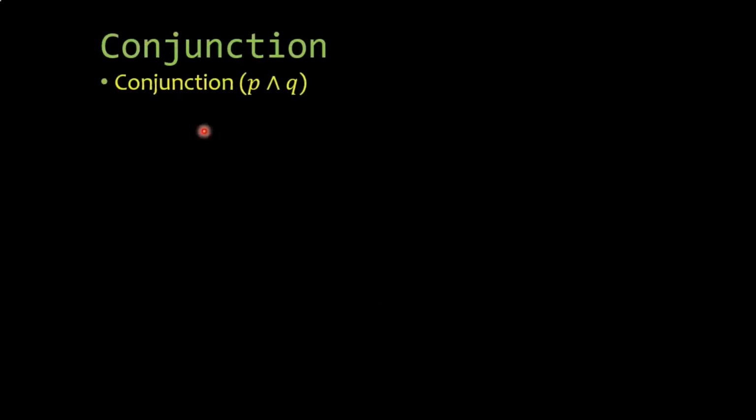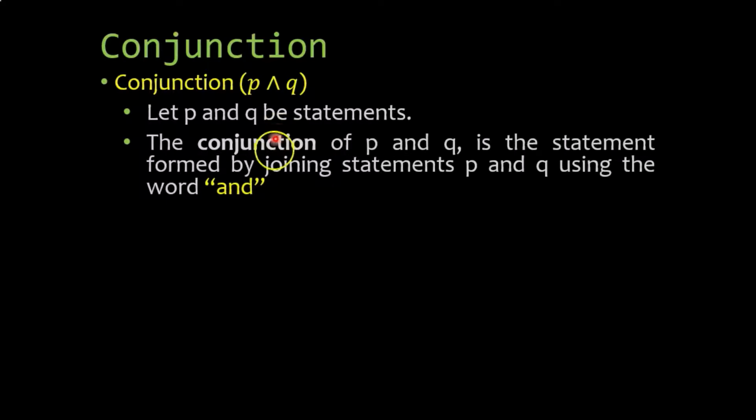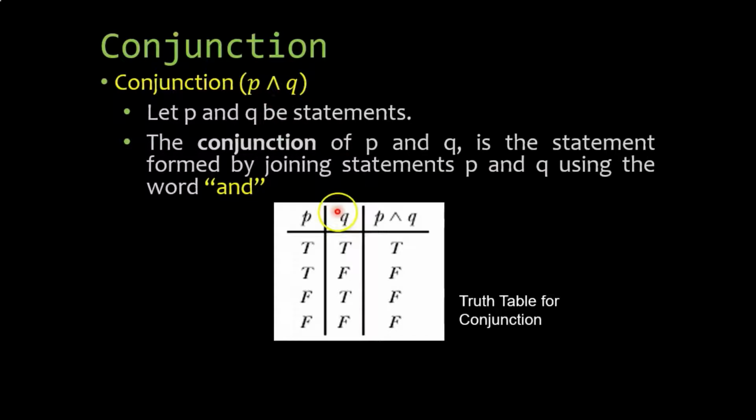Conjunction. Conjunction can be explained as follows. Let P and Q be statements. The conjunction of P and Q is obtained by joining the statements P and Q using the word AND, which is this symbol. By using the truth table, if P is true and Q is true, then P and Q is true.